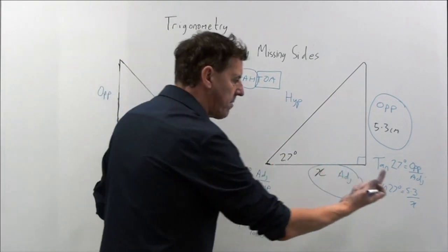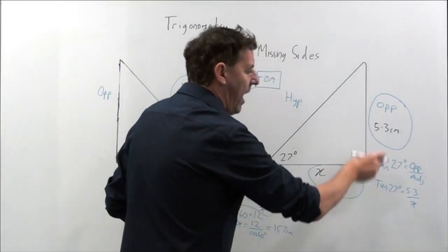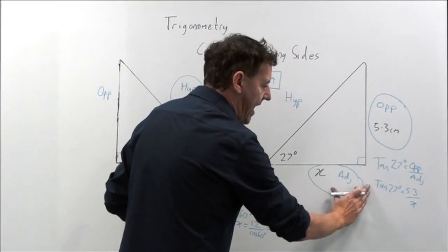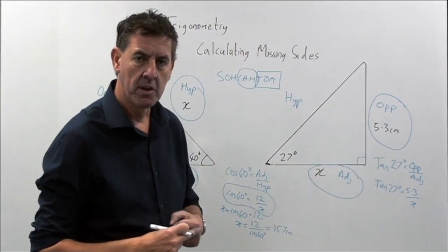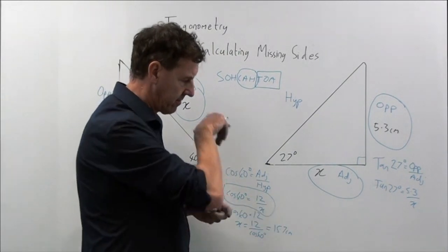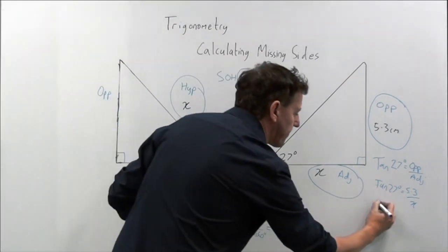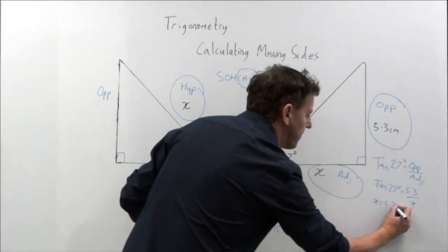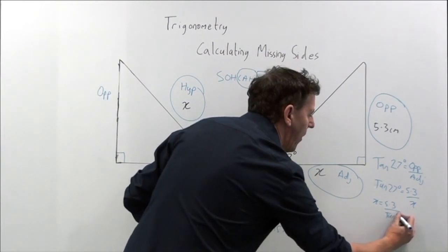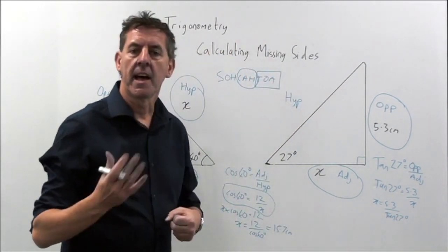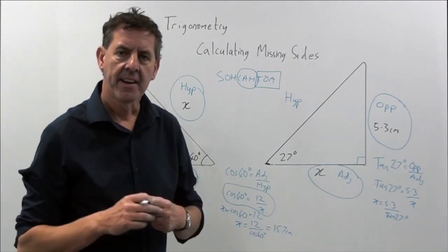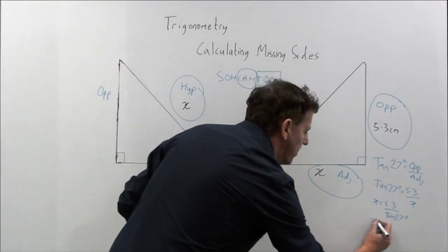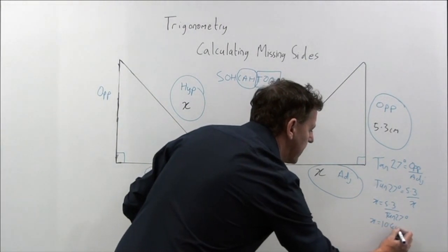So we multiply both sides by x. Then when I've multiplied both sides by x, I've then got to divide by the tan of 27. Quick way of doing it, x comes to the top, tan 27 goes underneath. So I'm left with x equals 5.3 divided by the tan of 27. Type that into your calculator and you get an answer of 10.4 centimetres.